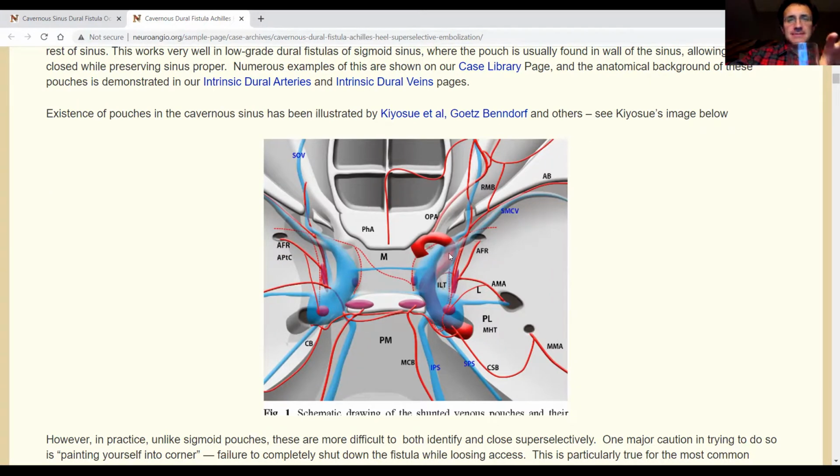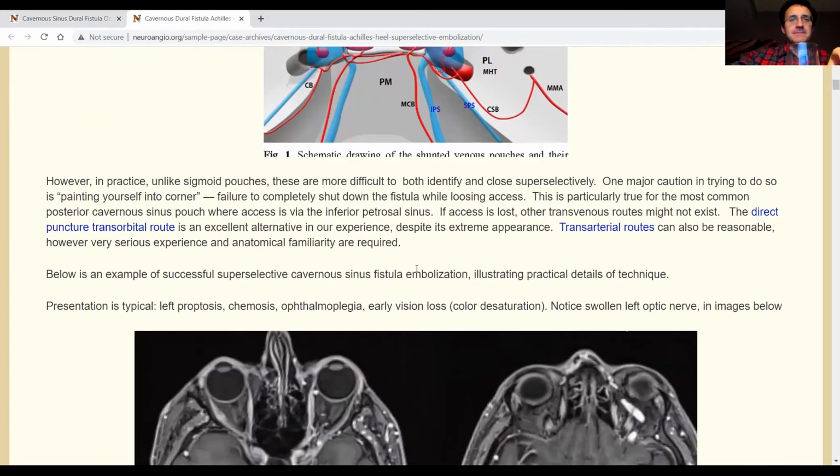Houdart and Goetz also emphasized this, and this stuff is very, very important. So you have to understand that there's a common collector, a common pouch. We thought it was an artery for some time for sigmoid sinus ones. I think it's more likely that there are venous channels in the sinus wall, but they are the target. That's where you kill it.